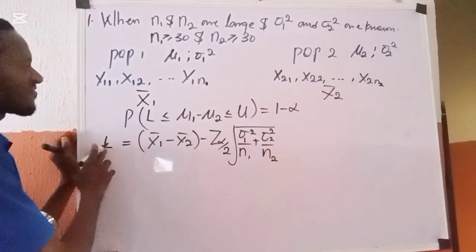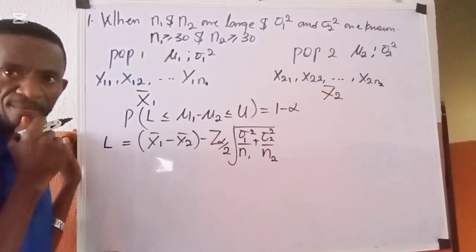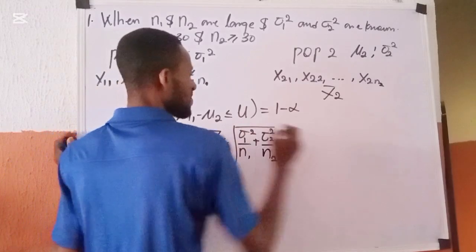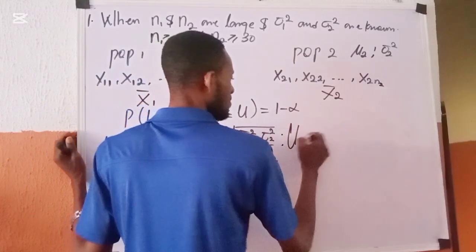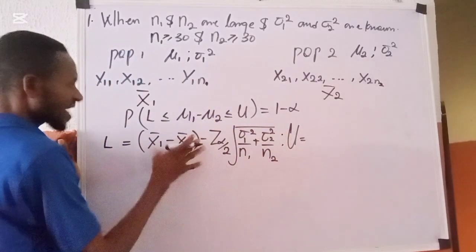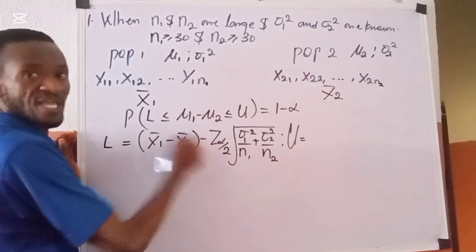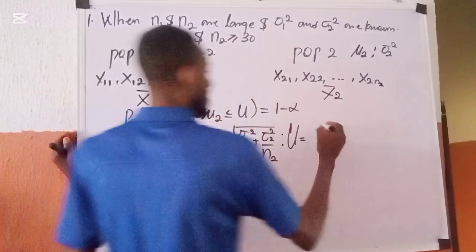This is going to be the value of L. Our U will be, the only thing that will change in the entire formula is this sign. Everything remains the same.